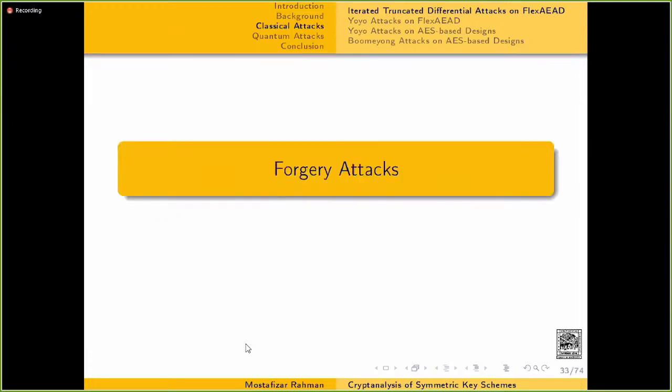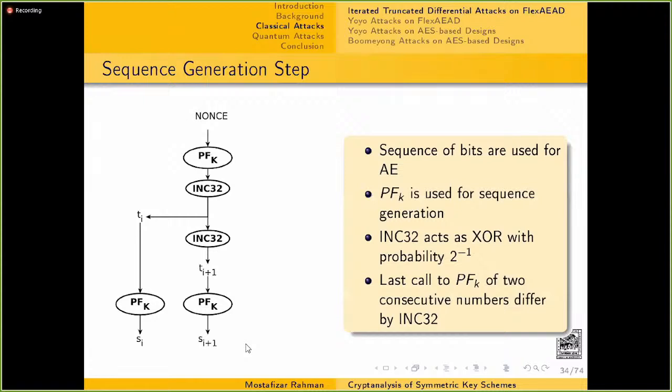Next are the forgery attacks that have been done on this Flex AED. For the forgery attack, we have considered the sequence generation step. In the sequence generation step, a nonce is considered, and first the internal key permutation is applied one time, and then there is a special operation inc32, which will increment the 32-bit word.